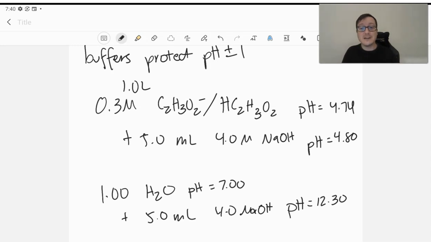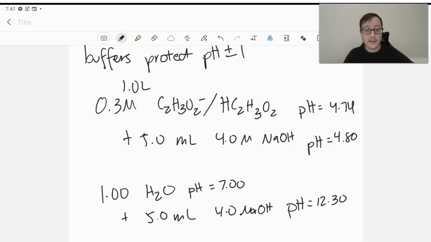We've changed it by 0.06. And that's not even a very concentrated buffer either. 0.3 molar, pretty low. So that's just illustrating the power of these things. So your buffer can be very, very useful. And you'll very often use them in biological reactions, or if you need the pH tightly controlled for a chemistry reaction. Buffers are a great way to do that.